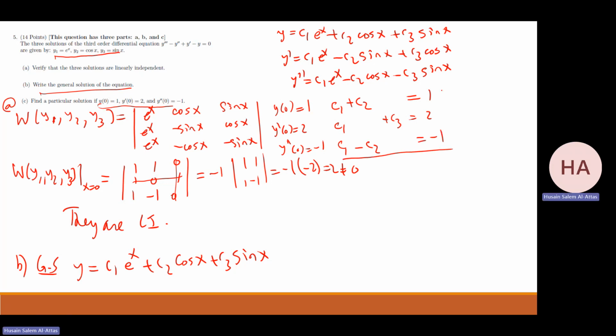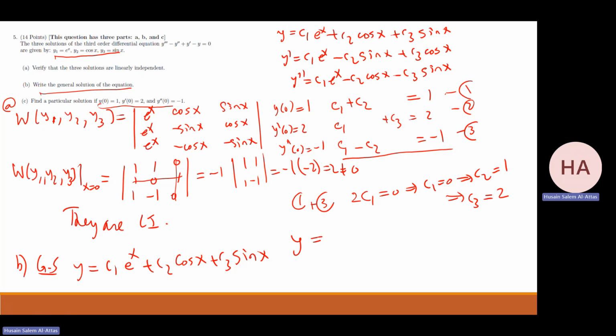This is 1, 2, 3. If I add 1 plus 3, I'm getting 2C1 equals 0. So C1 equals 0. So C2 equals 1. And also C3 equals 2.